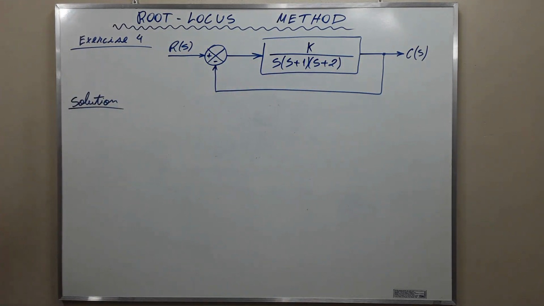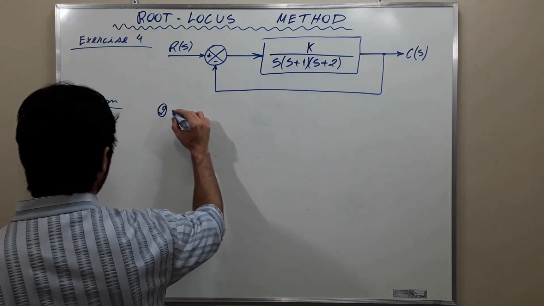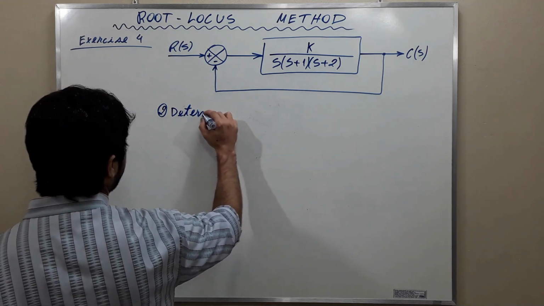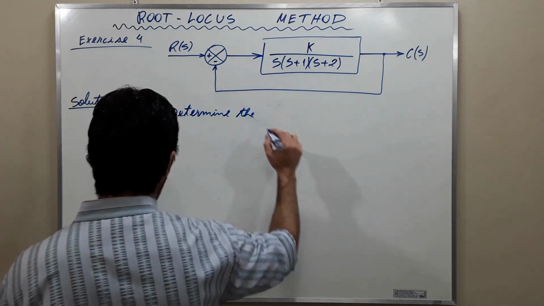The second procedure will be to determine the asymptotes of the root loci.